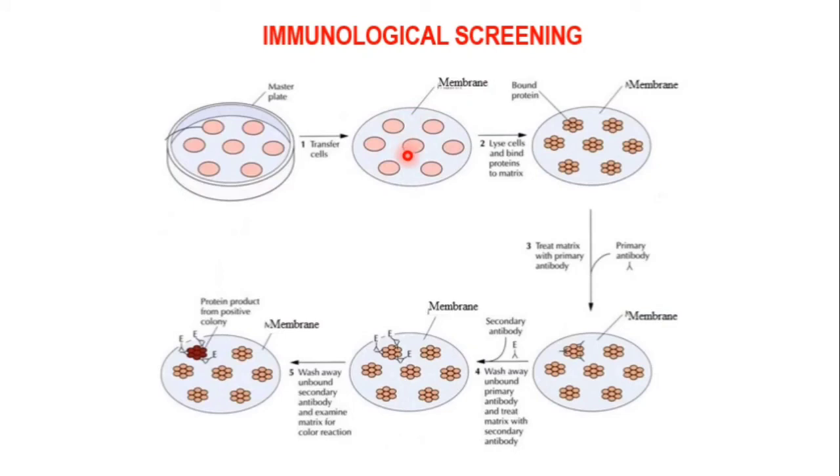We lyse the cells on the membrane, and only the protein will be bound to the membrane. To that membrane we add the primary antibody, which is highly specific to our desired gene's protein. The primary antibody binds with the desired protein present on the membrane, and the remaining primary antibody is washed away.